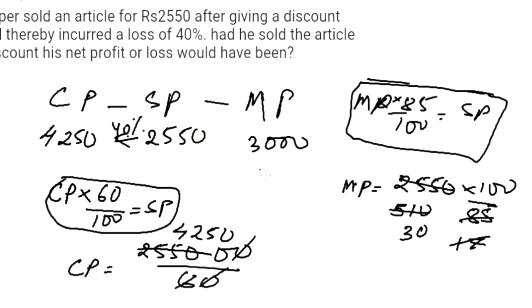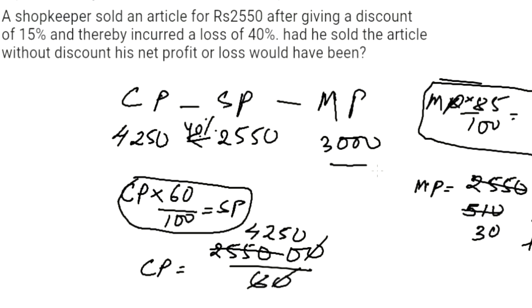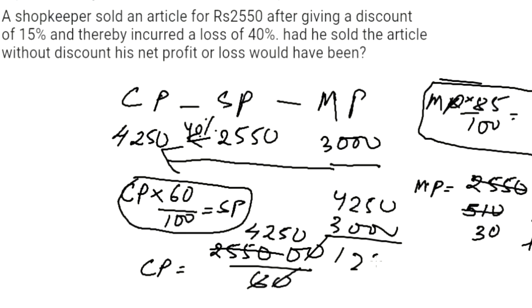So now the question is, had he sold the article at 3000 without the discount, what is his net profit or loss, what is the difference between this? Loss, how much loss? So wait. Simple, 4250 and 3000, this is bigger.